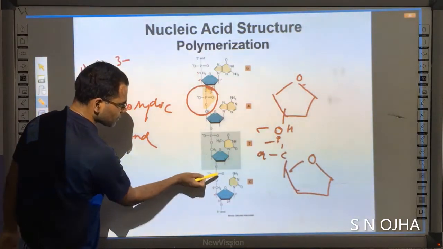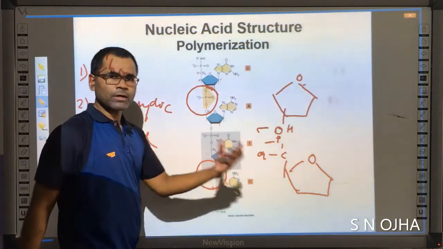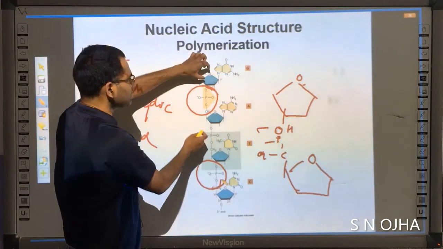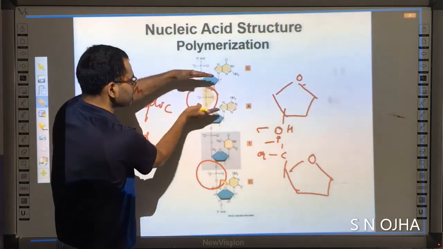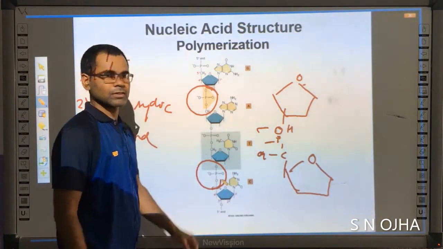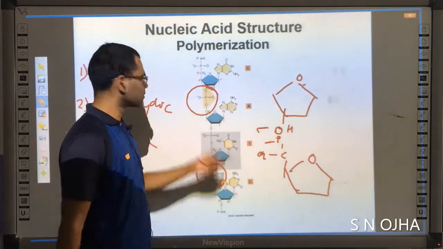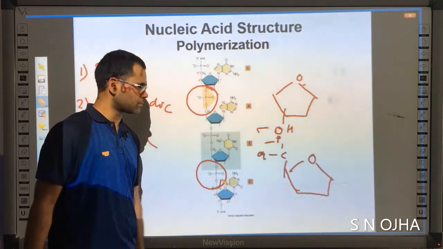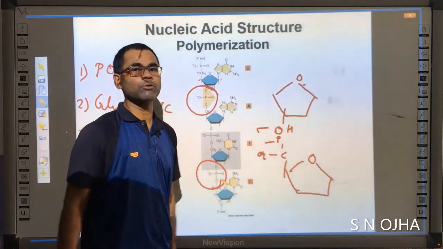Similarly, we can see it here also. So a bond is established from one sugar to another sugar between these two molecules. This is termed a phosphodiester bond. Here also it is termed a phosphodiester bond. So these bonds act as the backbone of DNA.